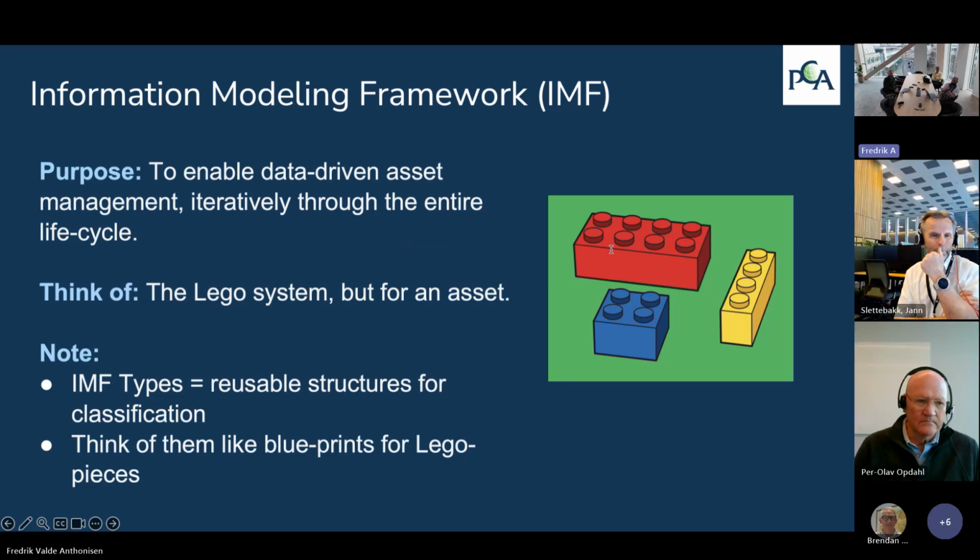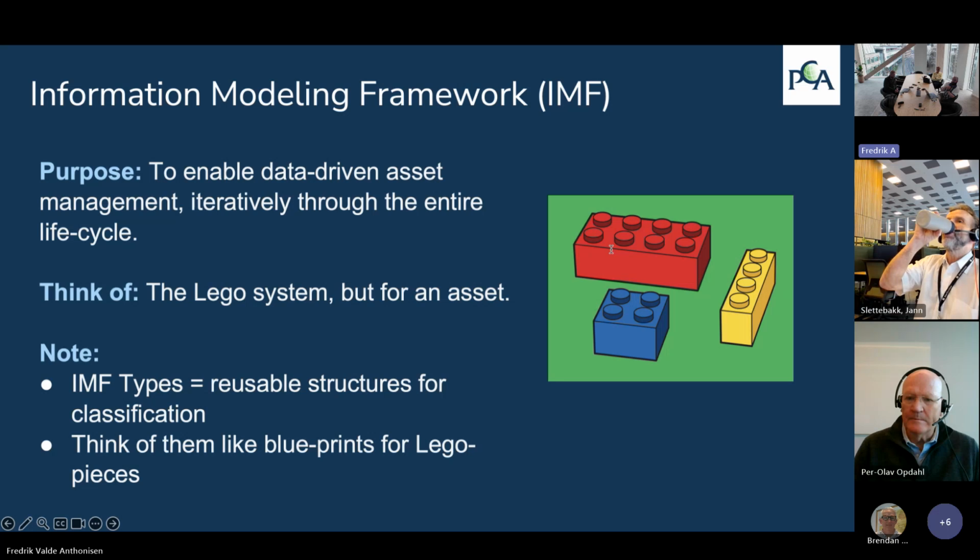So you enable people to define the asset at a very high level, not with many details, and then they can iterate over that throughout the asset's life cycle to enrich it with more data. One way to think of it is kind of like the legacy system, but for an asset, because it gives you the ability to create building blocks, which you can piece together to create something bigger.